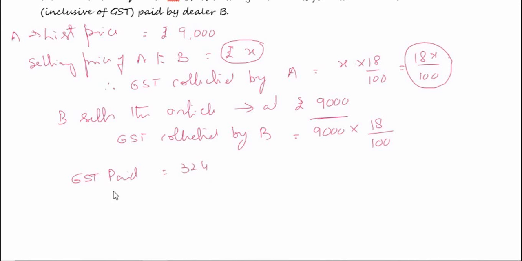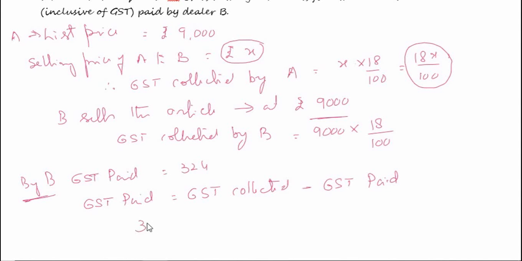So GST paid by any person, that is, GST paid by B, is 324. GST paid is GST collected minus GST paid.